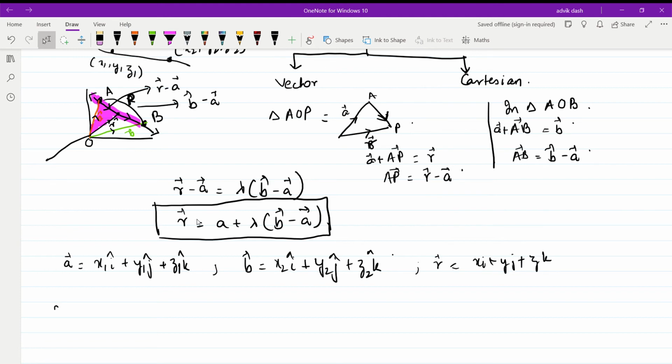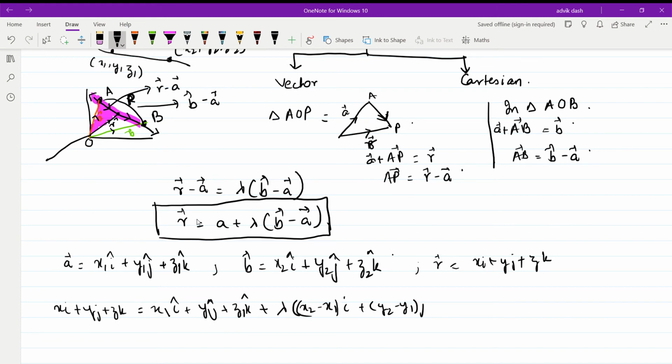So we get xi plus yj plus zk is equal to x1i plus y1j plus z1k plus lambda times B minus A, that is x2 minus x1 i plus y2 minus y1 j plus z2 minus z1 k, whole multiplied by lambda.